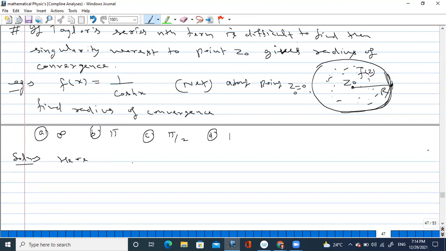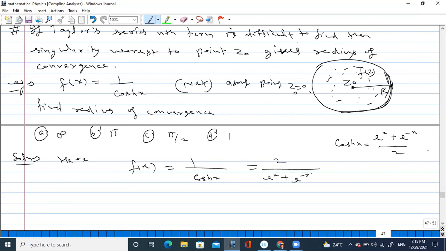Here, what maximum we can do, this cos hyperbolic x is e to the power x plus e to the power minus x divided by 2. So that we can write. So 2 will go up. It will become e to the power x plus e to the power minus x. Okay. Because I will not get a perfect series here.